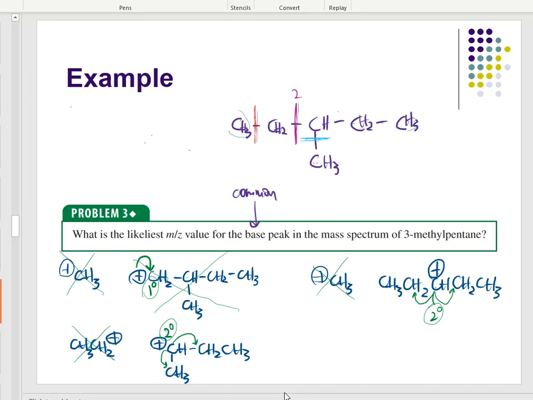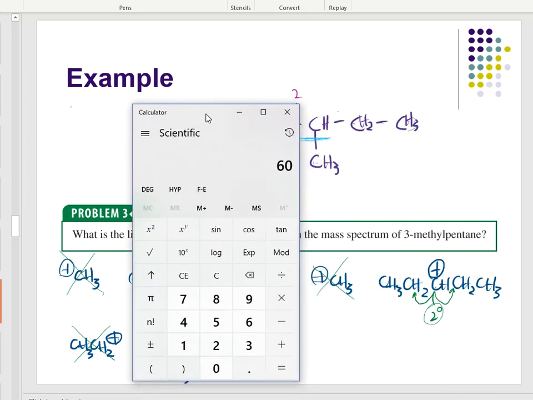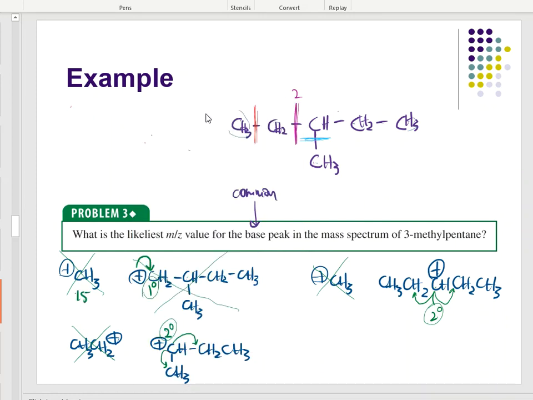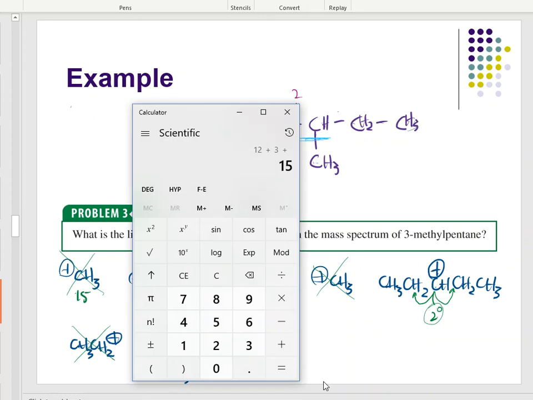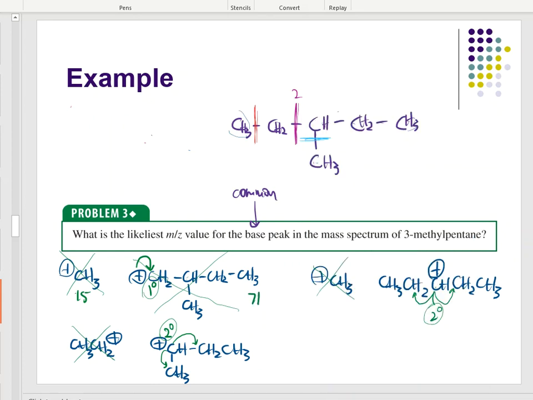Now, let's quickly go through and just assign some weights of these things. So this CH3 in the beginning, that's 12 and 3, which is 15. This one, I'm going to do that one too. Even though I've ruled these out, I'm still just going to do the weights just to kind of refresh that up, right? So carbon's 12 and 2, and then 12 and 1, and then 12 and 3, 12 and 2, and 12 and 3. This gives me a 71.